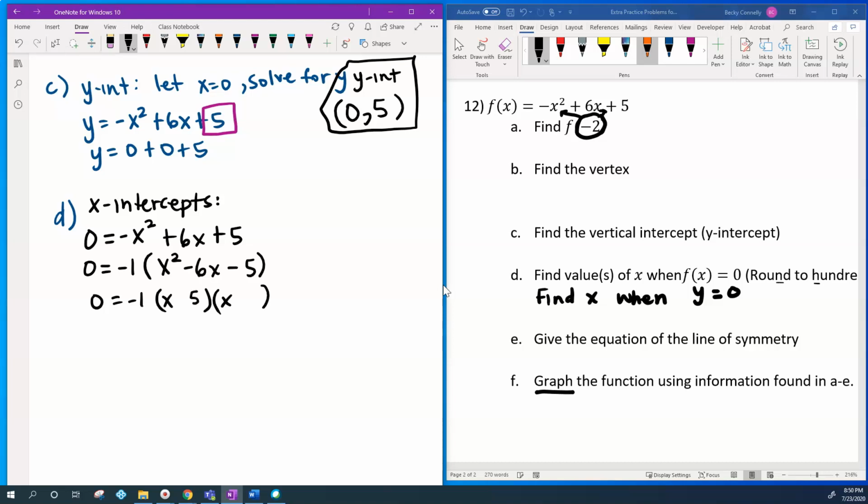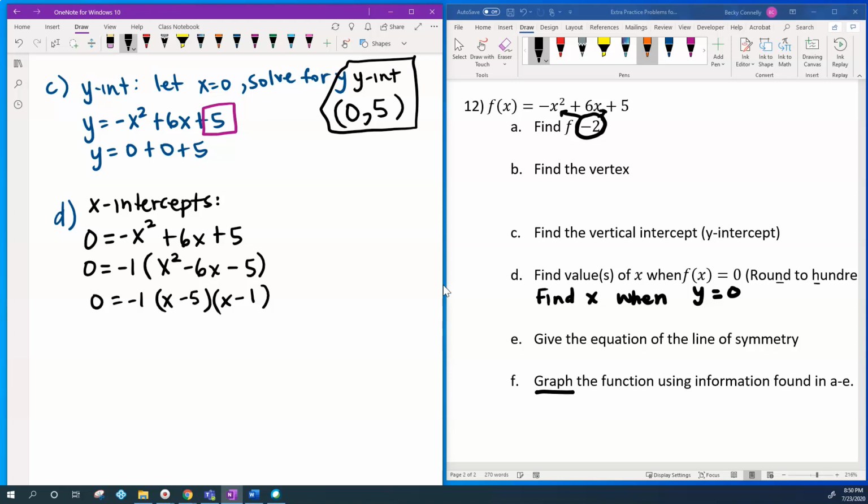Let's look at it. If we have 5 and 1, in order for it to be a negative 5, one of them would need to be negative. But then it needs to add to be a negative 6. The only way to add to be a negative 6 is if they're both negative.